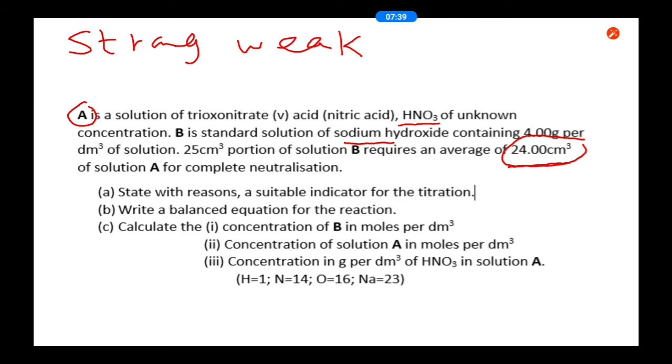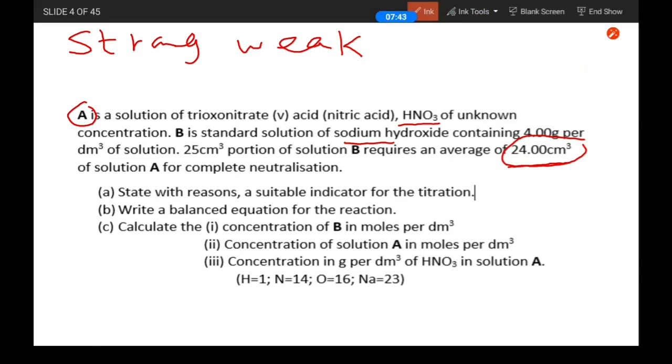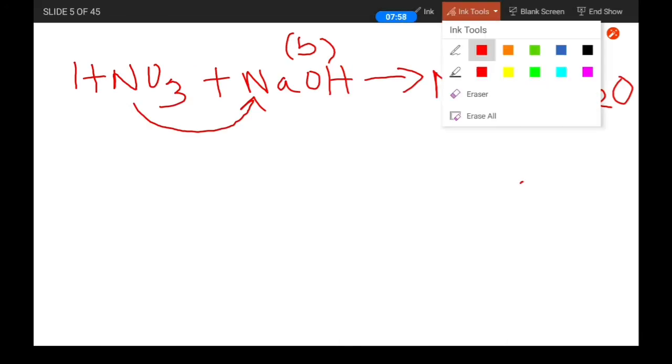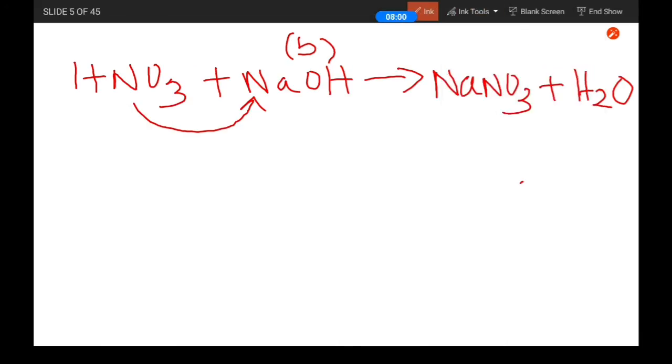And we are also given the volume of solution B, that is the volume that we usually get from the pipette. And we are given the volume of acid used. So let's move on from there. So see what we are given here. Let's bring it out. We have volume of B given. We usually got this from what?